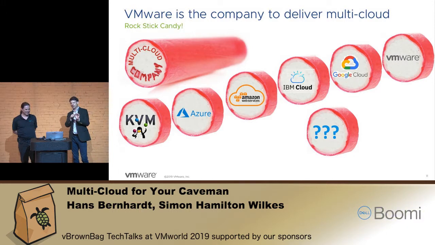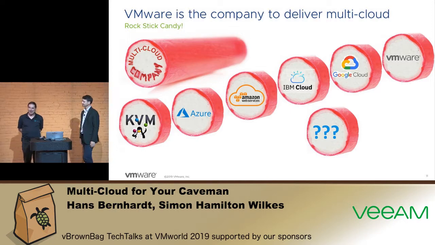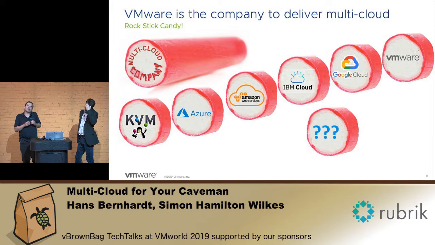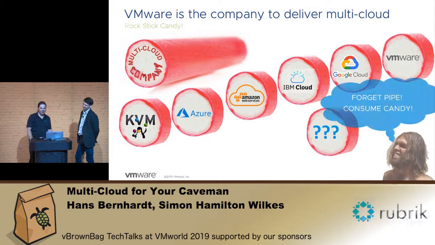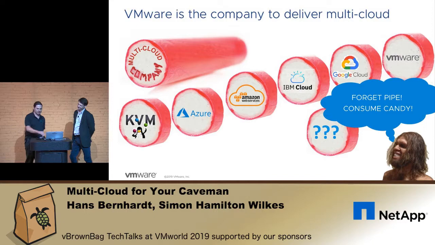But the neat thing is in the manufacturing, they put the same text all the way through. So as you eat it, you reveal the same text all the way through. But in this case, the metaphor is not the same text all the way through, as you can see. It's actually the same cloud abstraction layer that goes through the entire rock stick candy. So there's your metaphor, and of course, Caveman Mark says, forget pipe, consume candy.